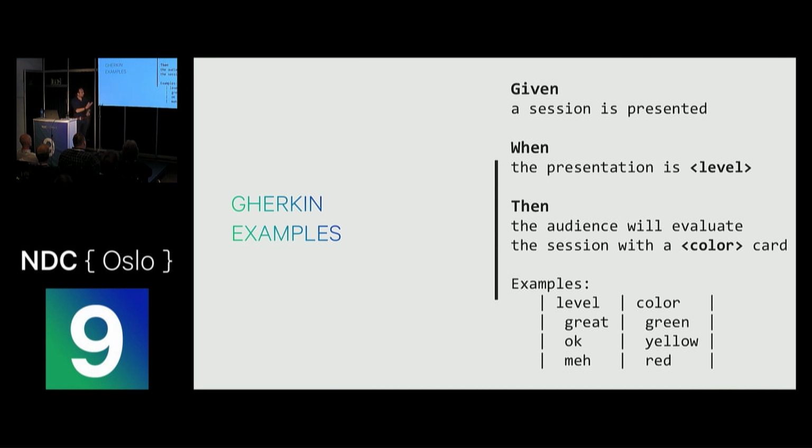And the power of this one is that the three amigos will be able to discuss these examples. For example, when the three amigos are sitting together and talking, and the tester says, okay, what will happen when the level is like super duper crazy awesome? What will the color be? And then the product owner says, hey, we don't have that kind of level. Okay, that's good. So I don't have to write a test scenario or anything like that.